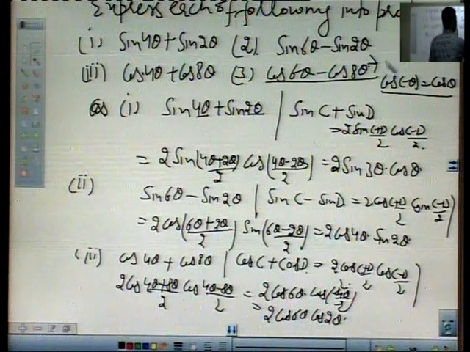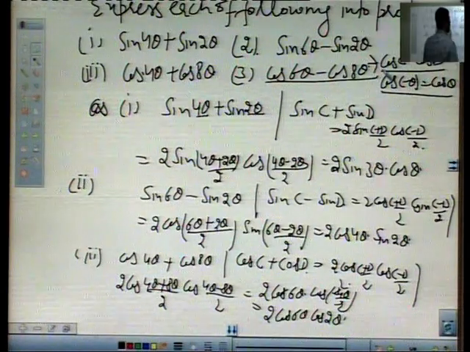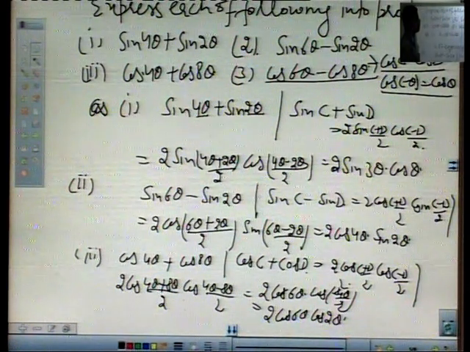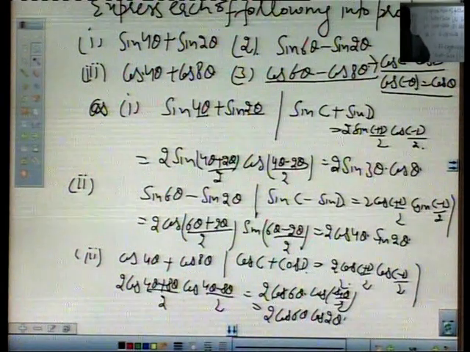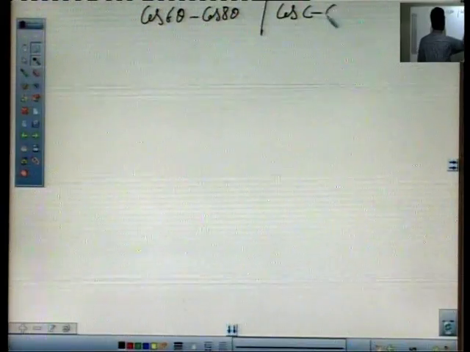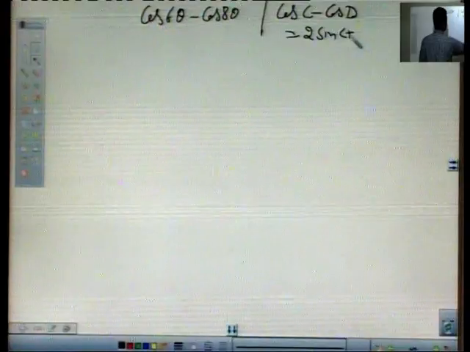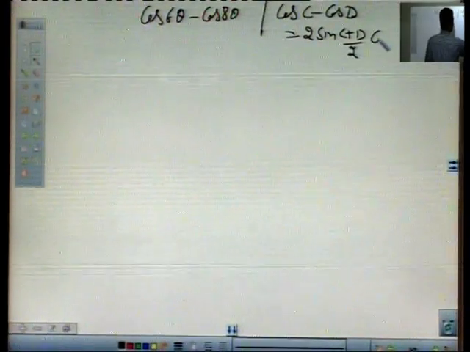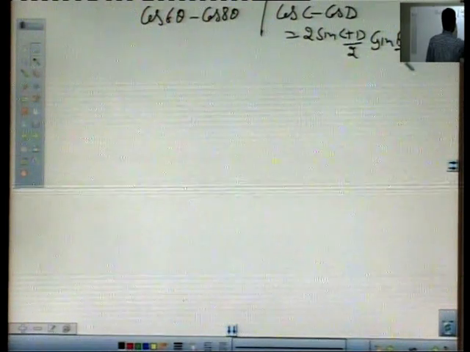This is of the type cos C minus cos D, and you know that cos of 6 theta minus cos of 8 theta, this is cos C minus cos D, 2 sin C plus D by 2 sin D minus C by 2.